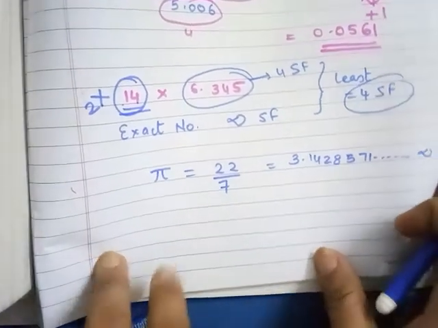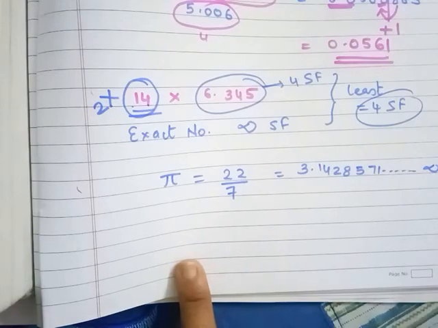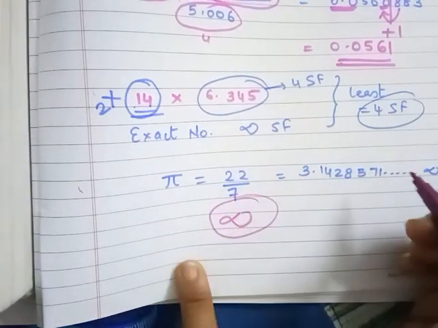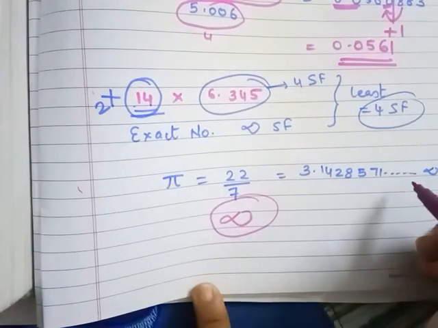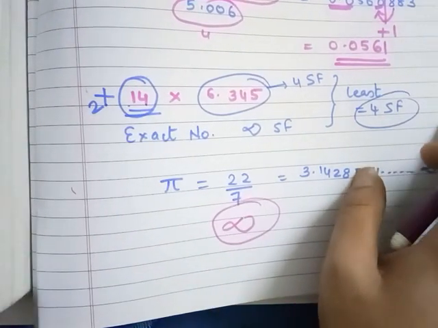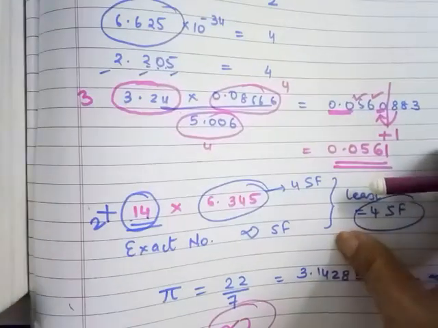This will continue. So in this, how many significant figures will you say? When you have such constant terms, how many significant figures will it have? Infinite. It's a recurring part, so it will have infinite significant figures. So this is about the first topic called significant figures.